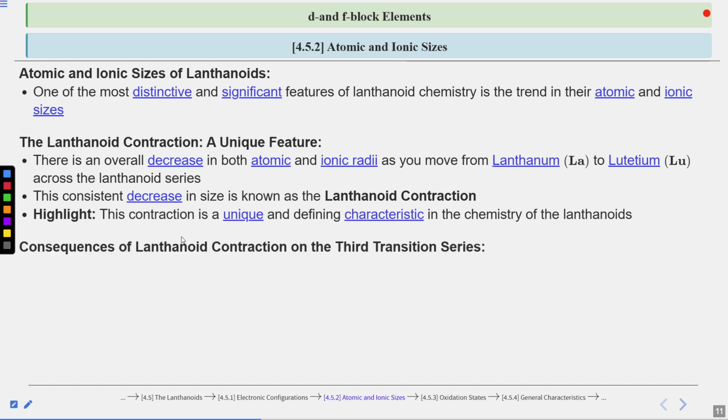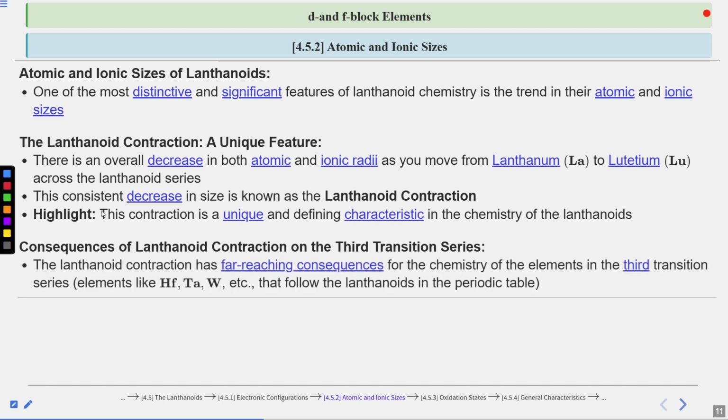What are the consequences of lanthanoid contraction on the third transition series? The lanthanoid contraction has far-reaching consequences. From the f-block elements, we are talking about the third transition series, like 3d, 4d, 5d.